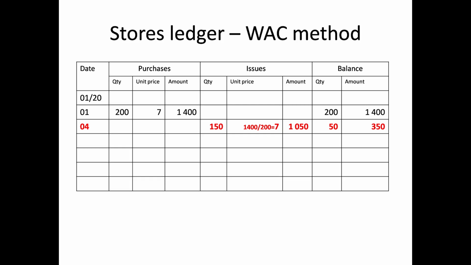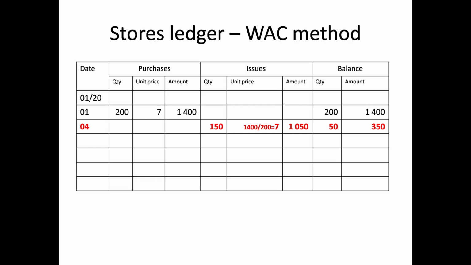Now update the balance. Quantity you had 200, then you issued 150. Quantity remaining is 200 minus 150, it's 50. Balance amount you had 1400, then you issued 1050. Now the balance amount is 1400 minus 1050, it's 350.